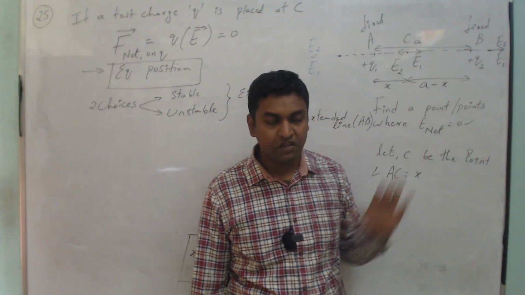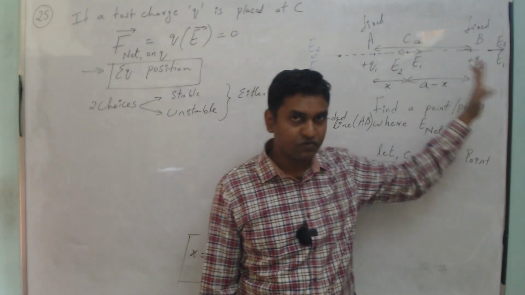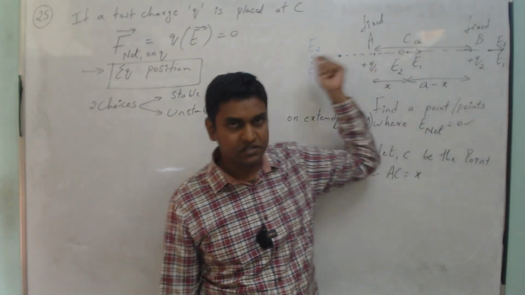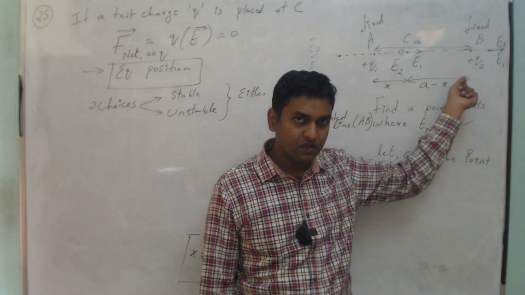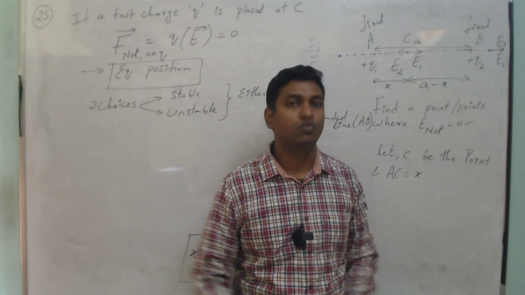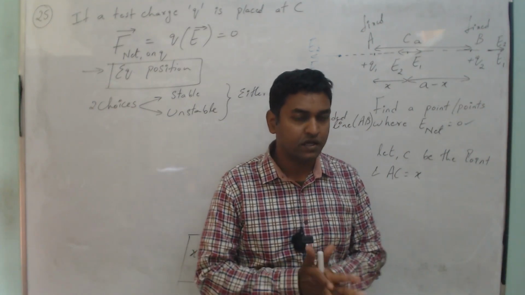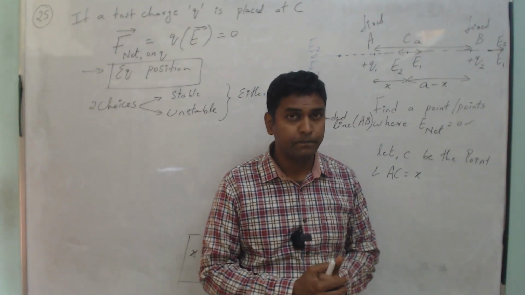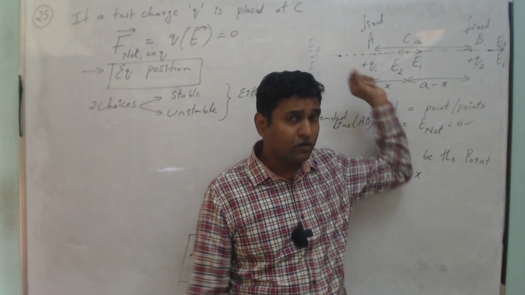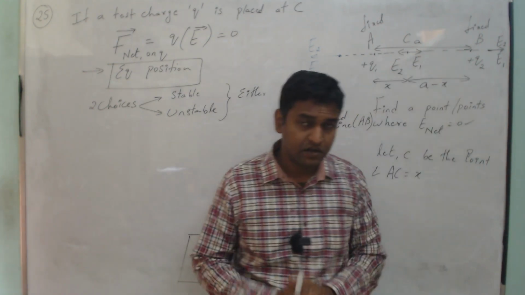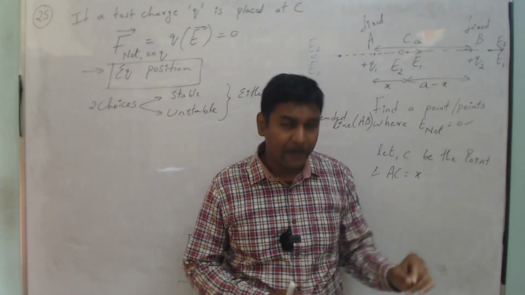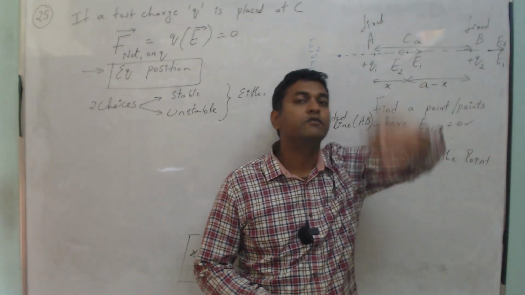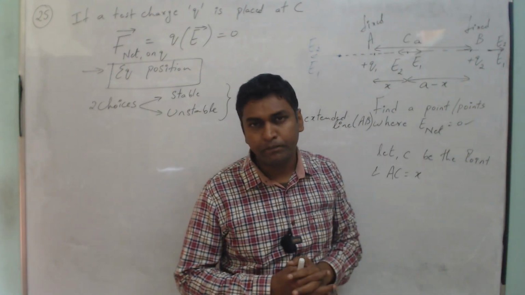If I externally move the charge Q along line AB anywhere towards left or towards right, the charge should try to come to the original position, correct? Then I will say it is stable equilibrium. If I move along the line AB somewhere and the charge goes away, that means it is an unstable equilibrium.